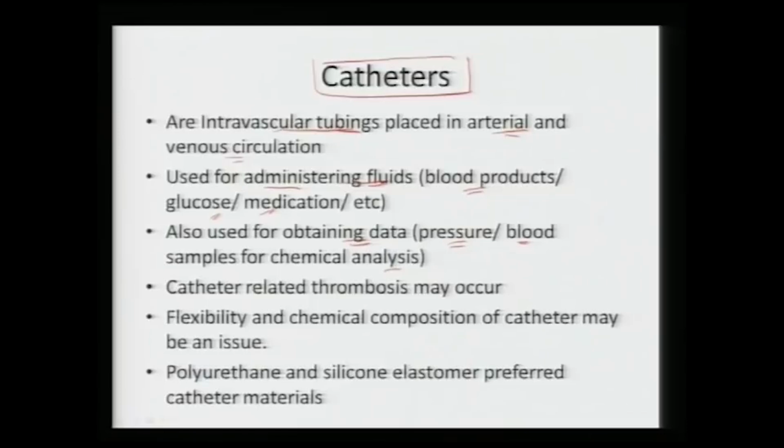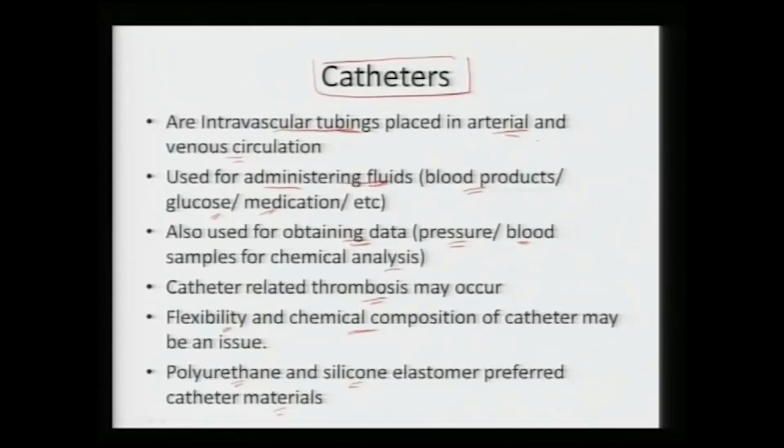But the problem with catheters is that they can lead to thrombosis. Again, one more requirement of a catheter is that it requires much more flexibility, and its chemical composition should be suitable so that it does not become an issue later on. There are certain materials such as polyurethane and silicone which are utilized successfully as catheter materials.